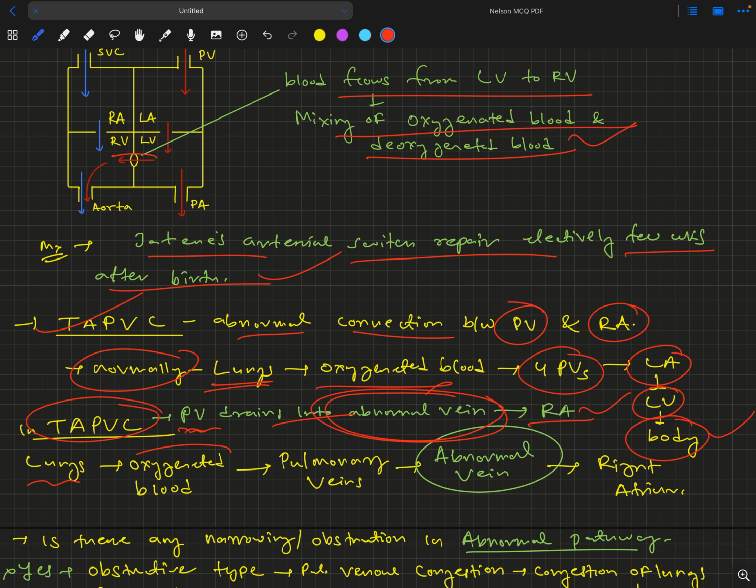Oxygenated blood from the lungs is carried via the pulmonary veins, and again this blood goes to an abnormal vein, and this abnormal vein transfers this blood into the right atrium.